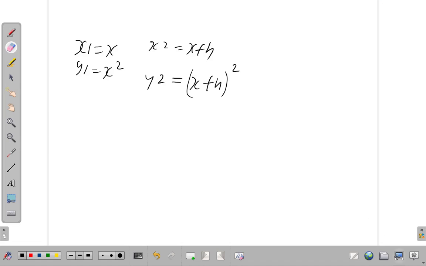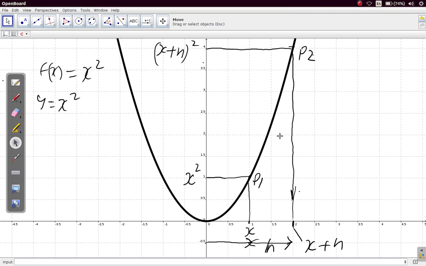Now, if we draw a line through P1 and P2, these 2 points, what would be the gradient of that line? It would be y2 minus y1 over x2 minus x1.